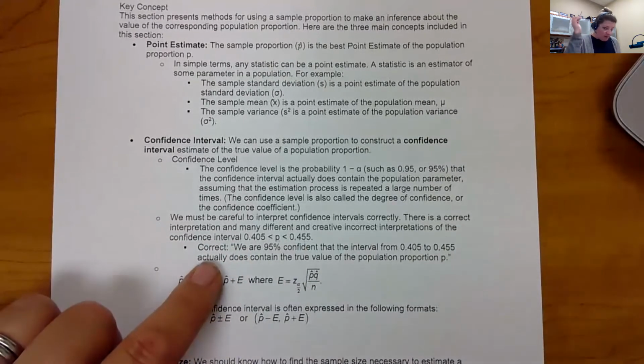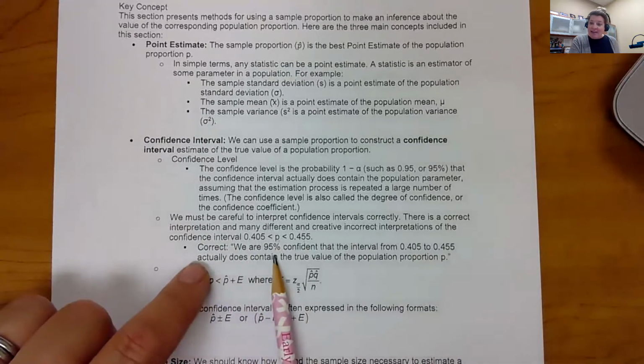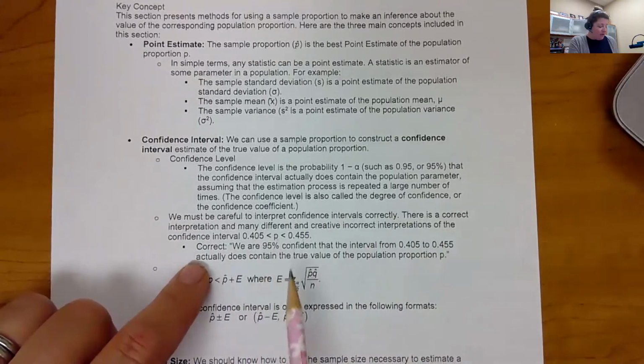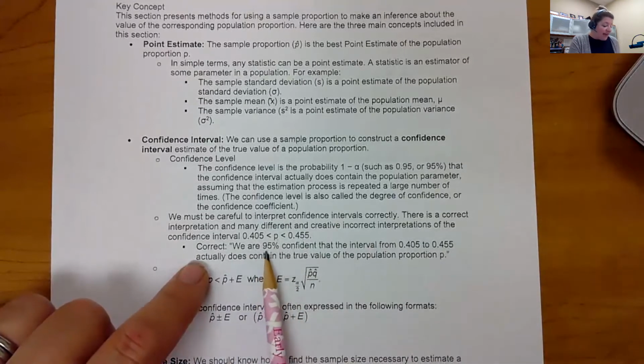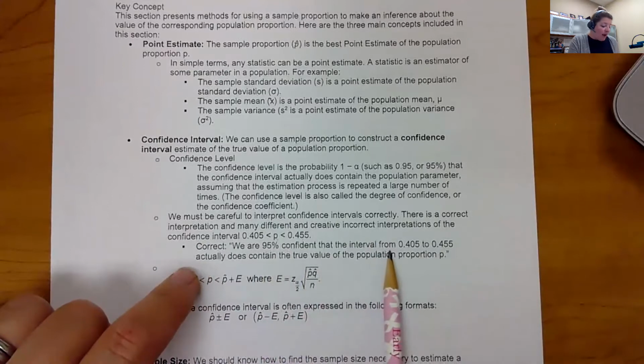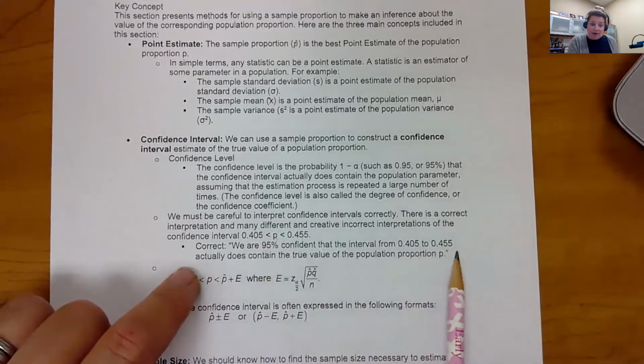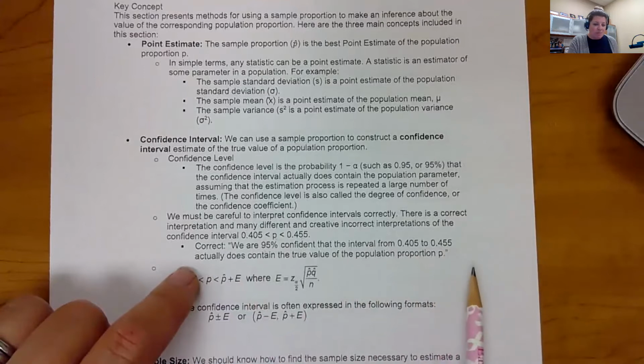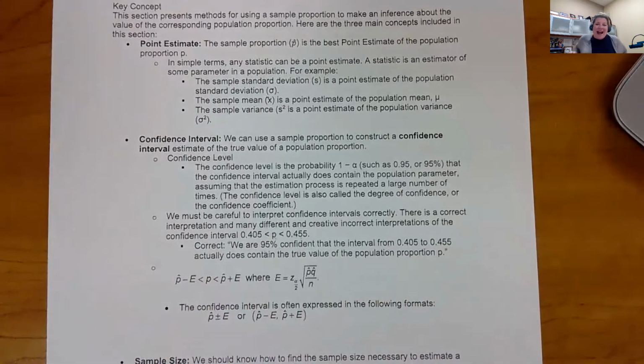The correct way to say this is I am 95% confident, because that could be 99, it could be 90, but for this one I use 95, that the interval from this number to this number actually does contain the true value of the population proportion P. We are 95% confident that the true population is between these two numbers. That's the correct way to say it.